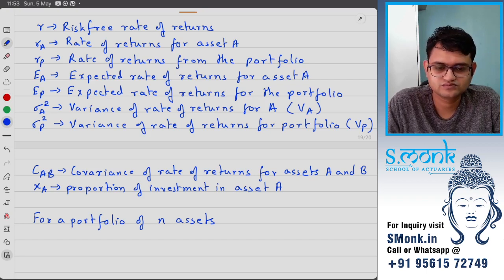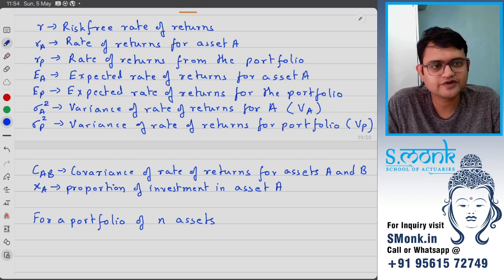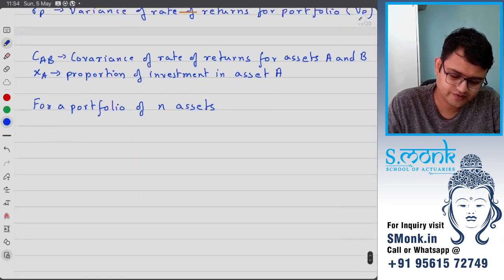So for a portfolio of n assets, what are the available data that we have?